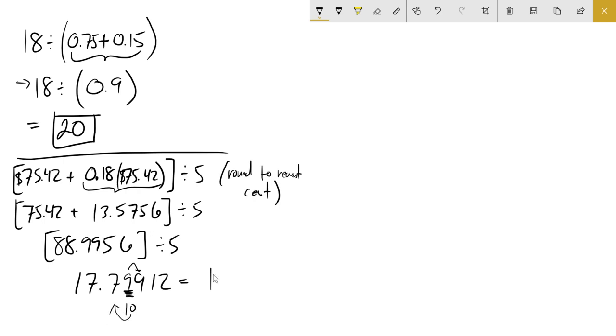The 9 rounds up to a 10, but there's no room there, so we have to carry it over, and this will actually become 17.80. So rounding early might not have screwed you up on this one, actually. But this is one of the examples: if you have a 9 that rounds up, it's going to carry over into the place value in front of it. So it's just 17.80.